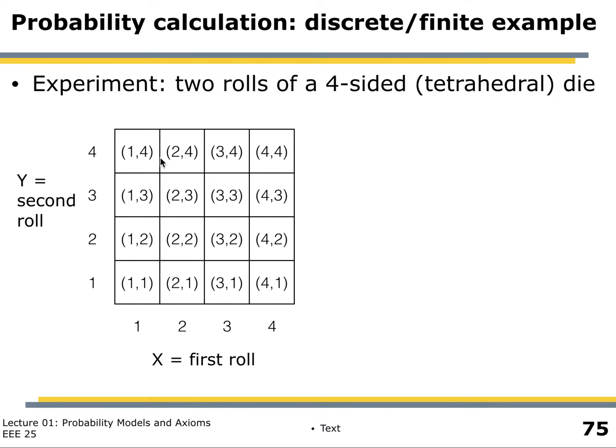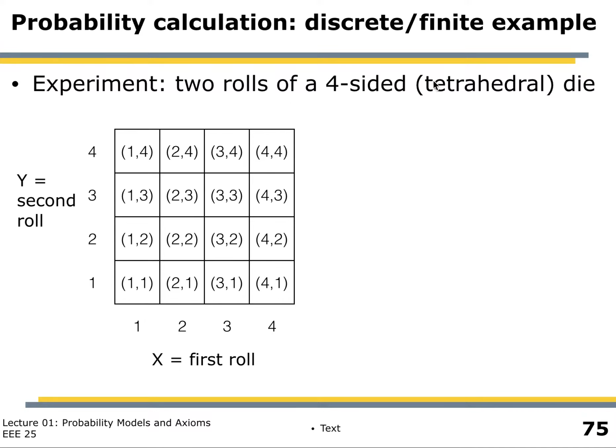And to complete our probability model, we need to specify a probability law which will assign a probability value for each of these outcomes right here.